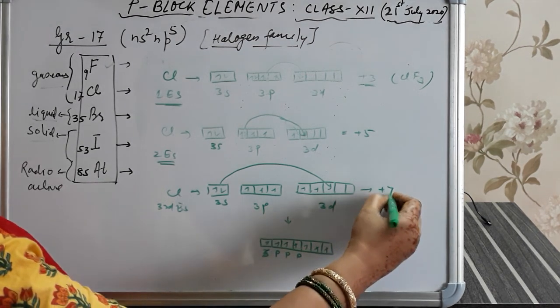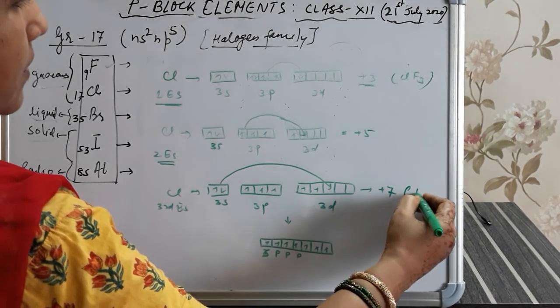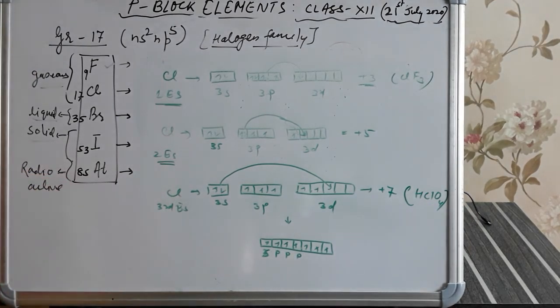So it shows the +7 oxidation state with HClO4. In this way, the family members except fluorine, all the family members of this group, show a wide range of oxidation states and form a number of compounds.